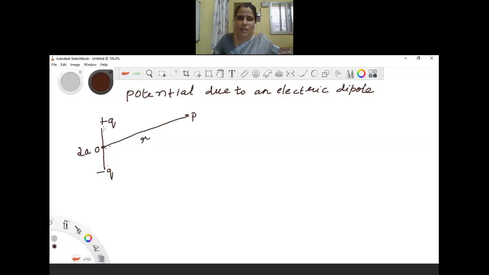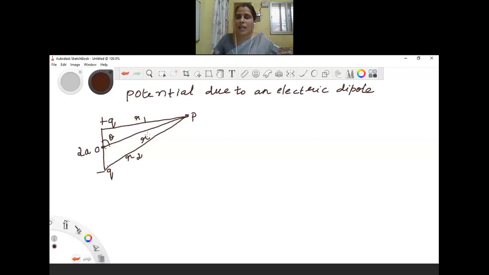The distance between the charge plus Q and the point P is r1, and similarly the distance between the charge minus Q and the point P is r2, and here this is the angle at the point P where we are going to calculate the potential.